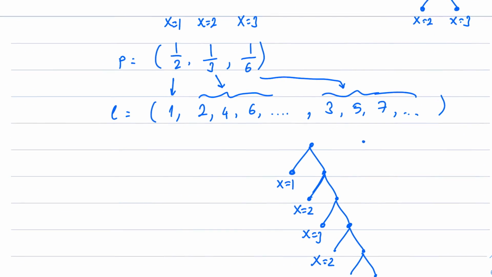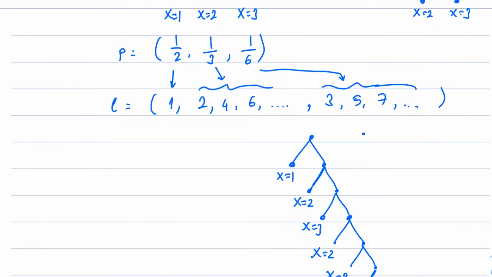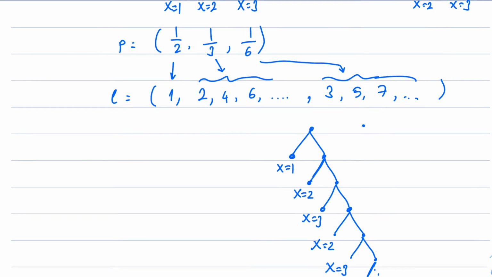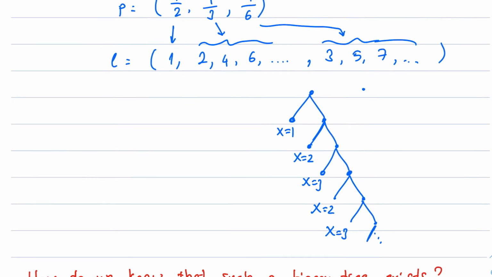In the second example, let's say that we have p equals 1/2, 1/3, and 1/6. And the corresponding length functions are 1, all the evens, and all the odd ones except 1. And as you see, the overall length function is actually all integers used once.